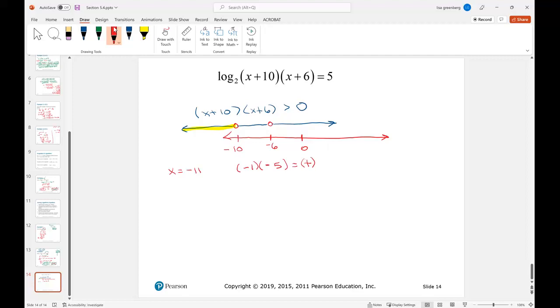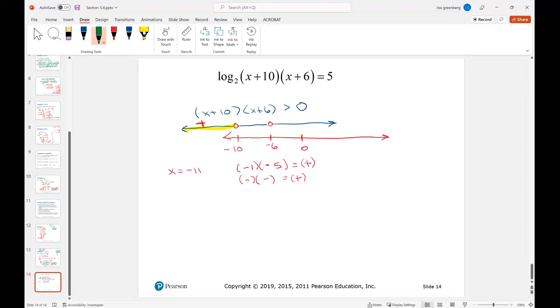Or I can just say, when I plug in -11, I get a negative times a negative, which is a positive. The numbers are not really as important as the sign. So I know I have a positive number over here, okay?